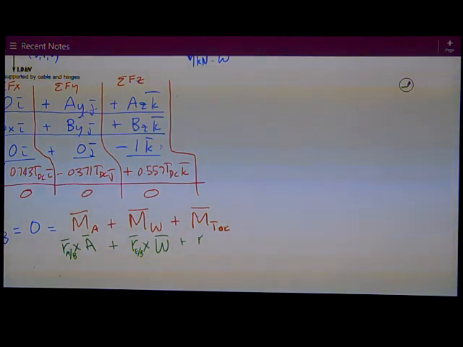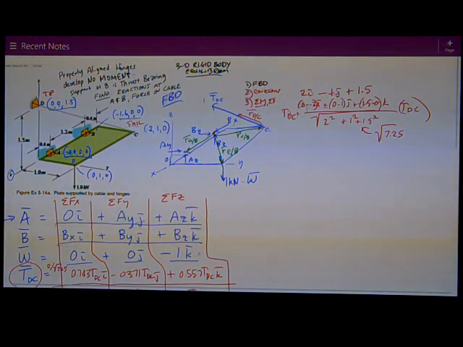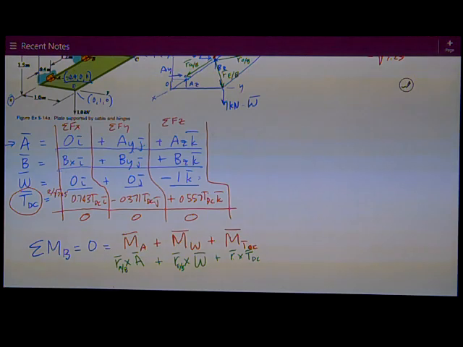That's R cross F also. In this case, the force is the tension in the cable, and the vector is from B to C, so we call it RC over B.